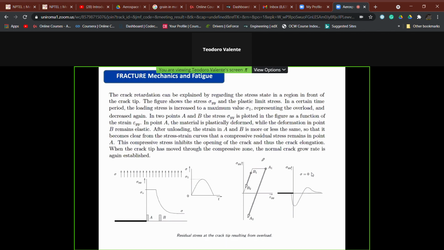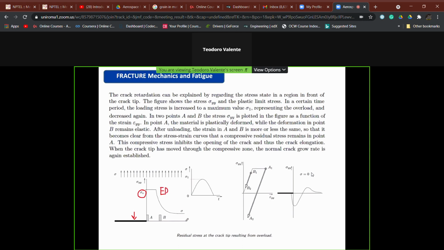by discussing the stress state in a region in front of, that is near, the crack tip, as it is shown in these figures. This is the crack tip, you see. This is our model, with the yield strength of the material, a fully elastoplastic simplified model, as we have discussed in fracture mechanics.